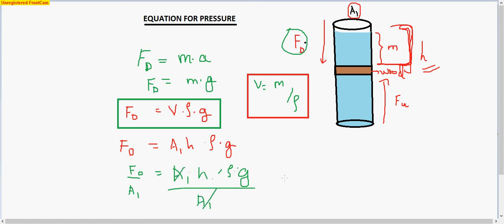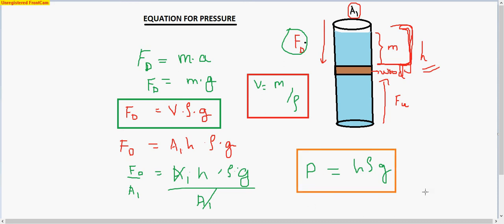So these two cancel off. We get pressure equal to h rho g. Now that is the equation for pressure, an equation which we use most of the time to find the pressure.